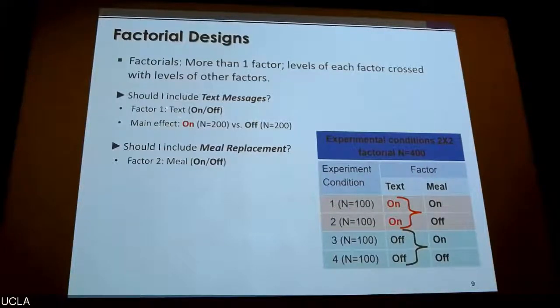So for example, to answer the question, should I include text messages in my package, I'm going to estimate the main effect of text messages by pulling outcome information from all the people who got text messages and all the people who did not. Now you tell me, how many people will contribute information that will help me answer this scientific question? How many?